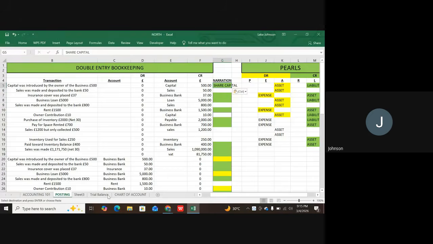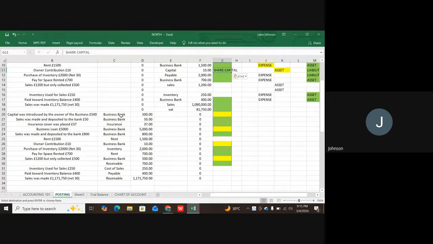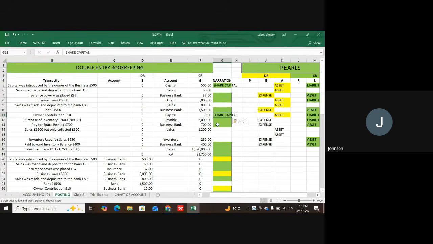So now anywhere we have capital, just copy this share capital and put it there. We have capital here, share capital. We have capital here also. Let's call it share capital. Is there any other place where we have share capital? For this place, there's no other place. But let's check down over here. For here, we don't have share capital again. So we've treated all the share capital. Let's save and check what our trial balance is.